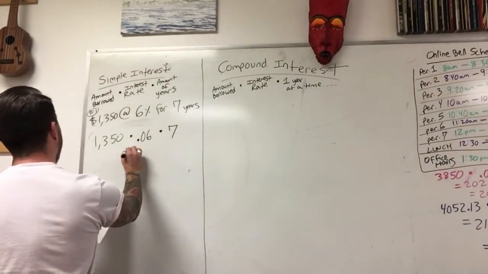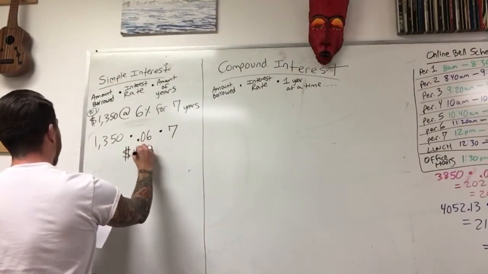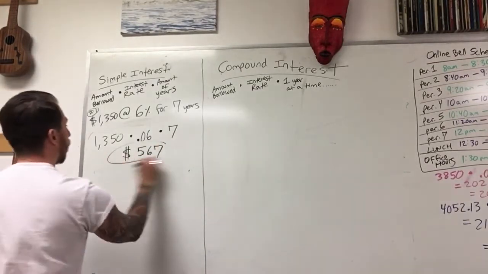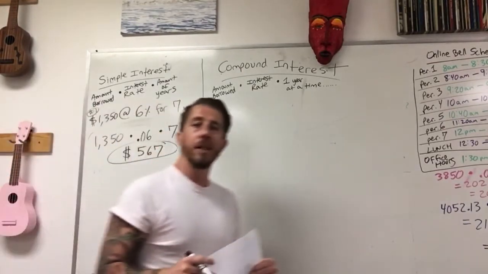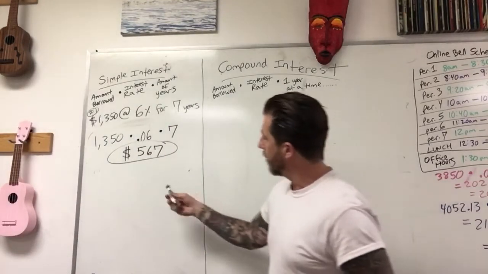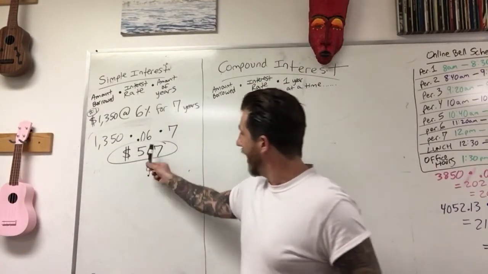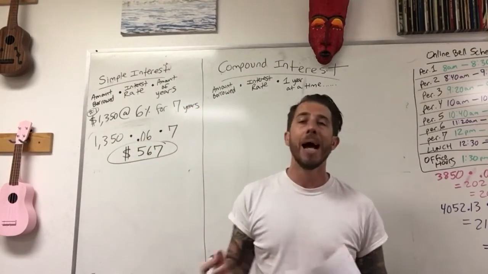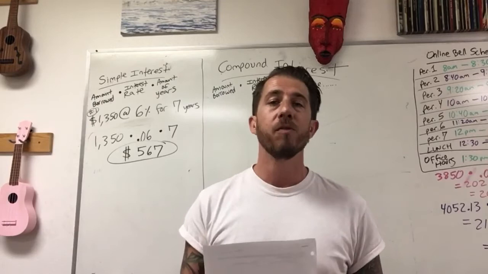When we do that, we get $567, and that is our answer. That's our simple interest. Like I said in class earlier, that amount plus the amount you borrowed is what you're giving back to the person you borrowed money from.